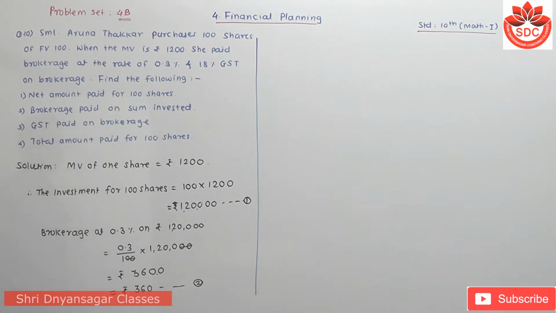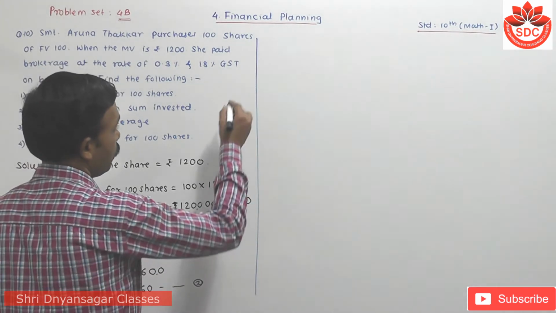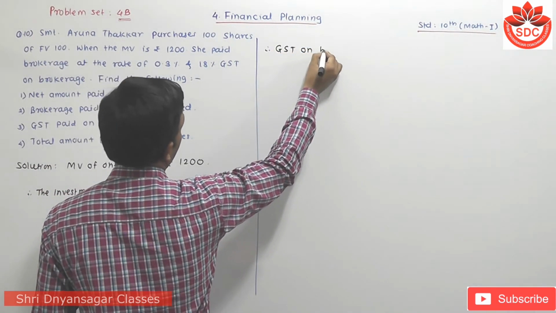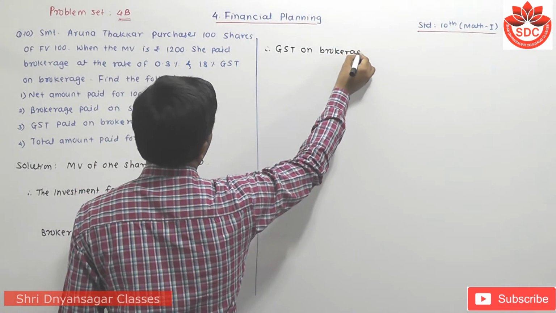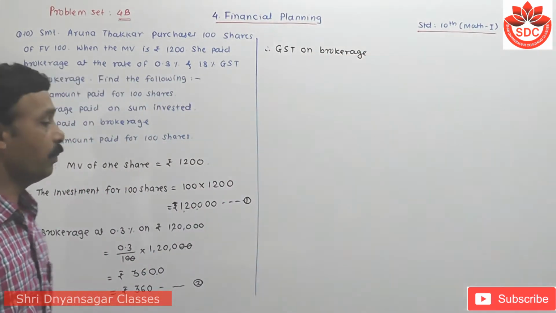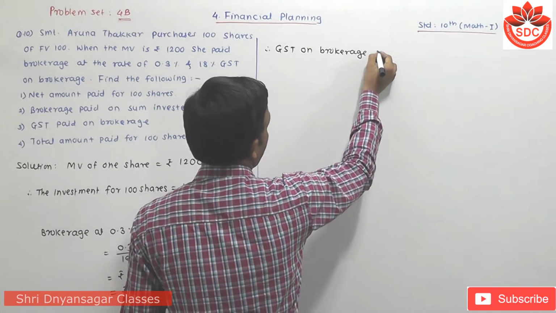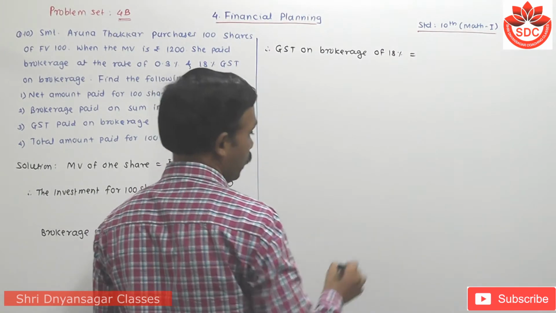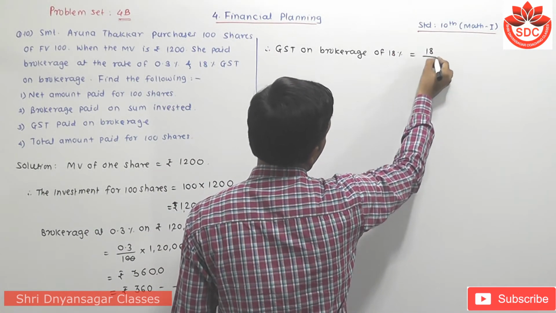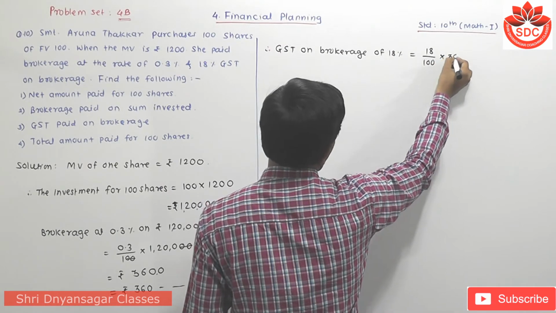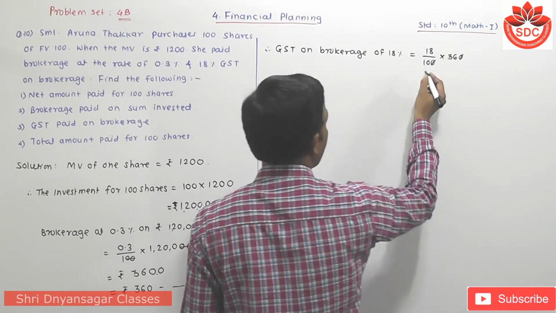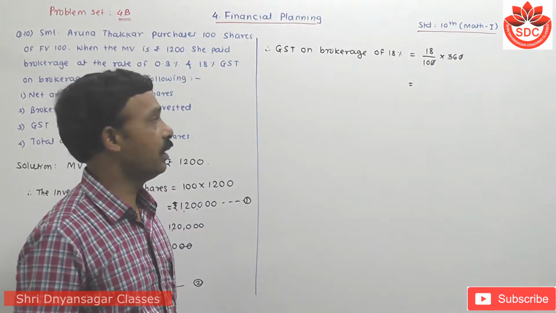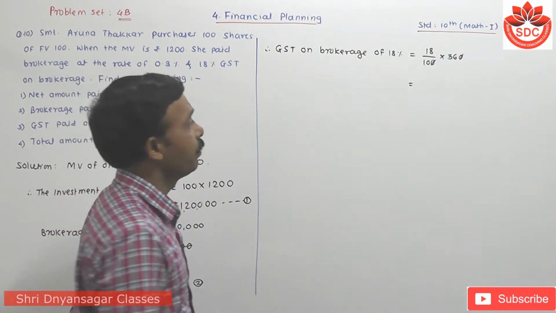Then GST paid on this brokerage is equal to GST on brokerage, which is 18% of this brokerage. The brokerage is 360, so 18 upon 100 into 360. This one zero gets cancelled. Then I have to multiply it by 18 and use one digit after the decimal point because we divide by 10.